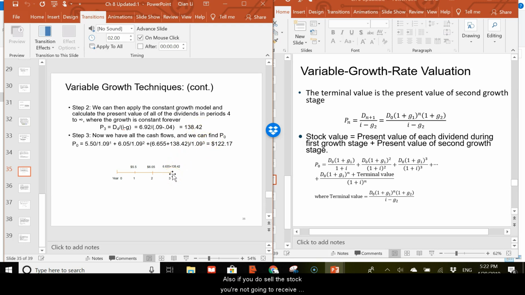Now also, if you do sell the stock, you're not going to receive more dividends from the stock. So you don't see D4, D5, D6 anymore because they are already included in the $138.42. $138.42 is actually the present value of all the D4, D5, D6 till D forever as of the end of year 3.